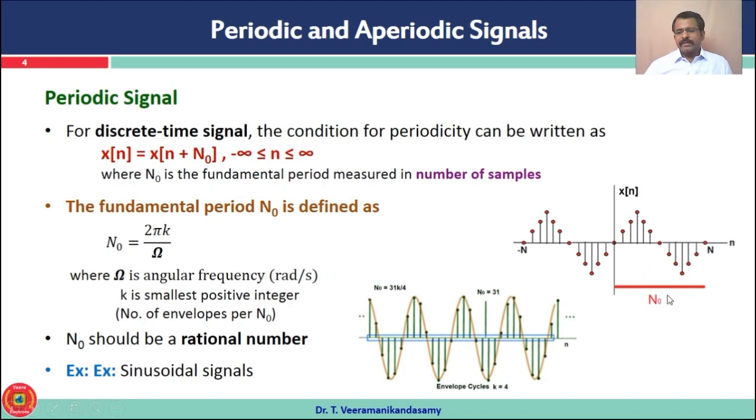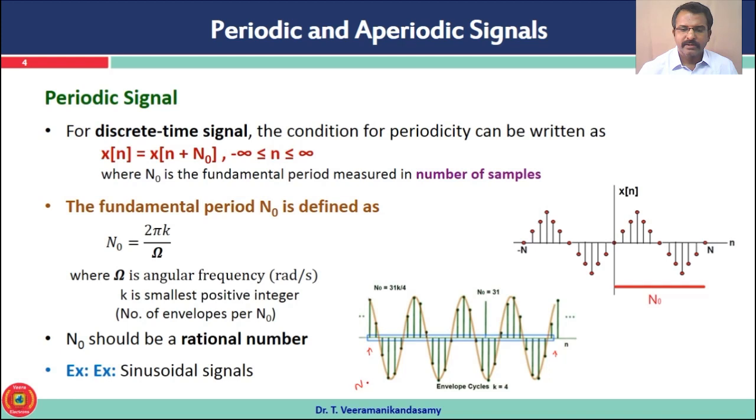How can we calculate the n naught value? The fundamental period n naught is defined as n naught is equal to 2 pi k divided by omega, where omega is angular frequency in radians in the digital domain. Here k is the smallest positive integer, which means the number of envelopes in the fundamental period n naught. Consider the signal. This is the starting point of the n naught, then this is the ending point of the n naught.